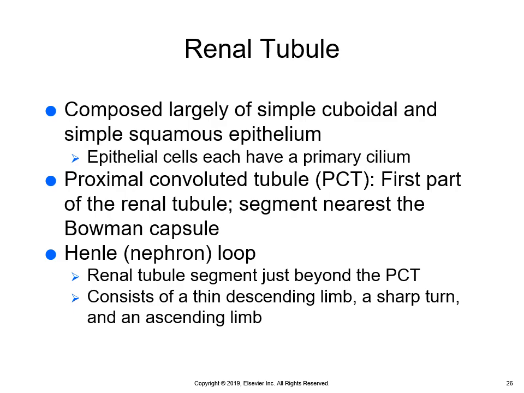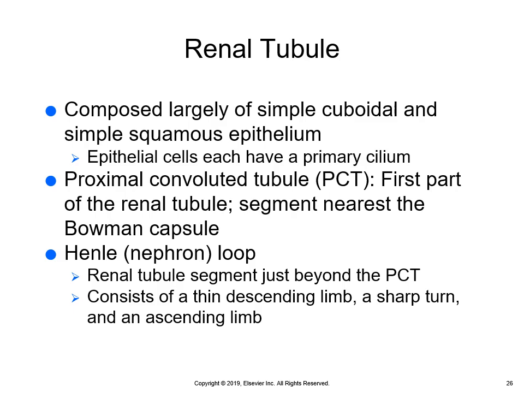All right, we also have the descending limb, and that lets water leave the tubule and be reabsorbed into the body, helping to concentrate the urine. We also have the ascending limb as well, and that's one that is impermeable to water, but it does allow things such as salts and ions to be transported out, further helping to adjust that urine concentration.